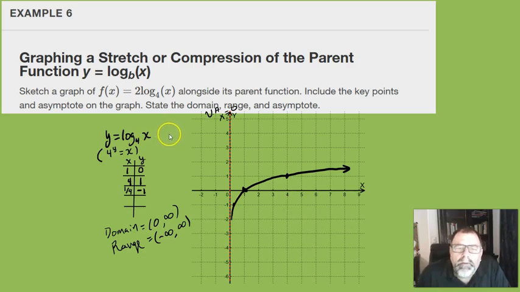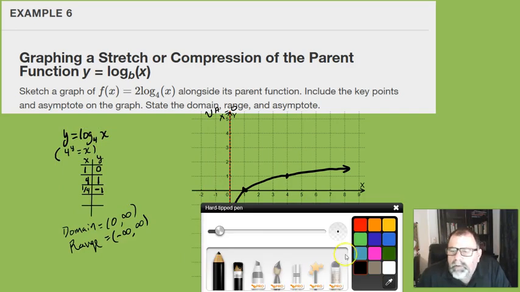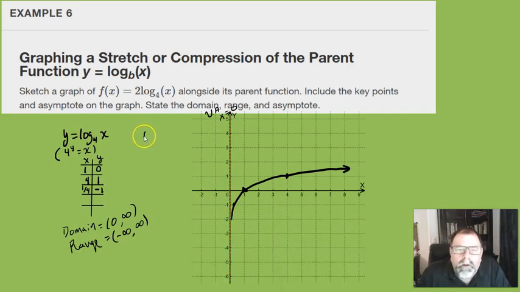So if I want to do y equals 2 times log base 4 of x, see, log base 4 of x is a y-coordinate, right?